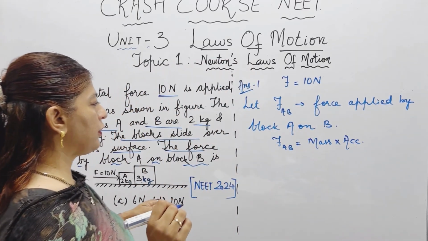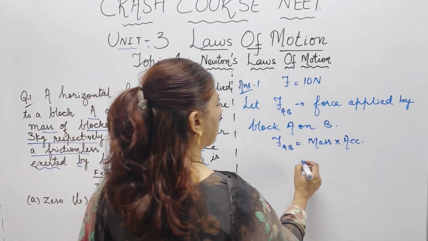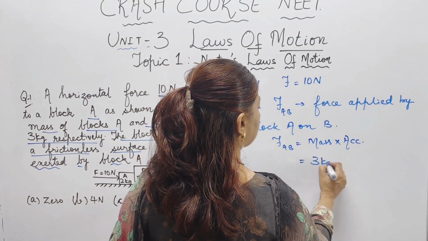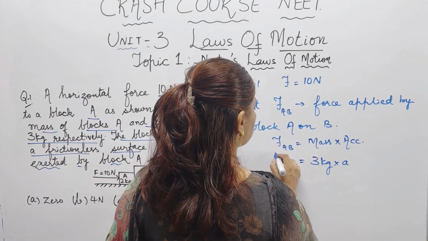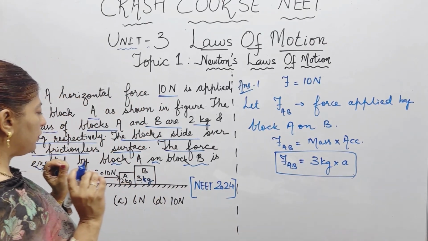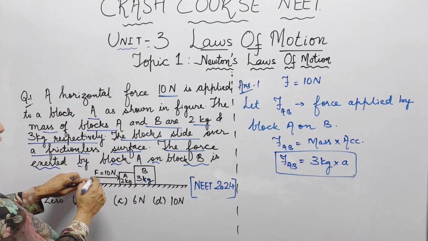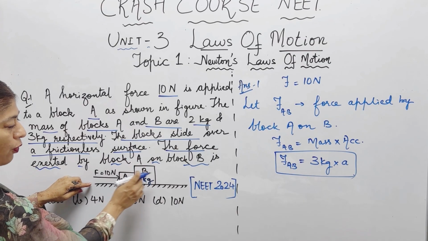The mass of body B is 3 kg because the force is being applied on it, but we do not know the acceleration. So this is what we need, then we can find the force.